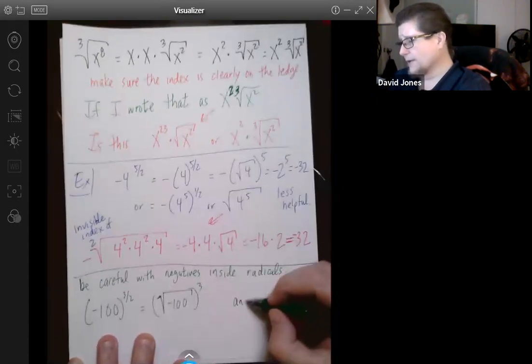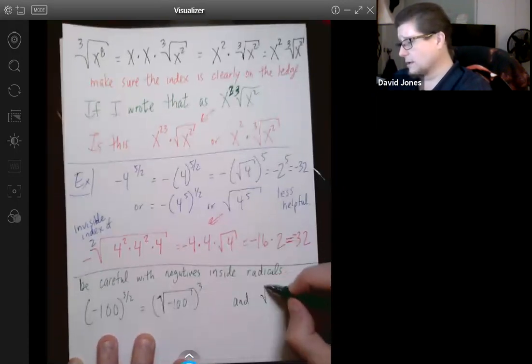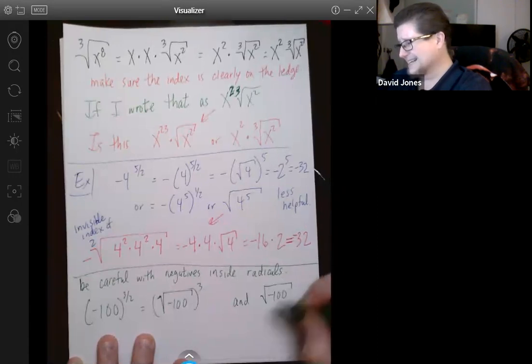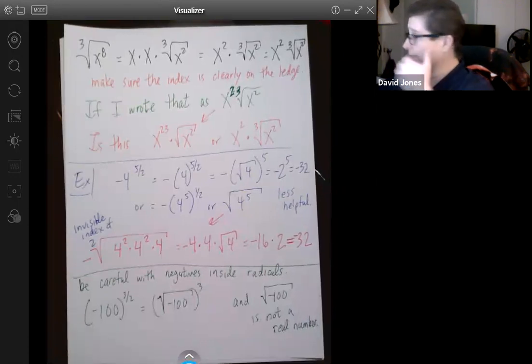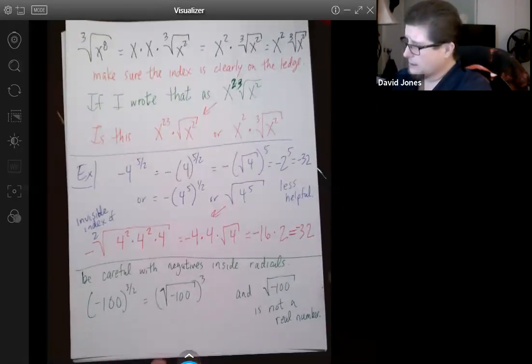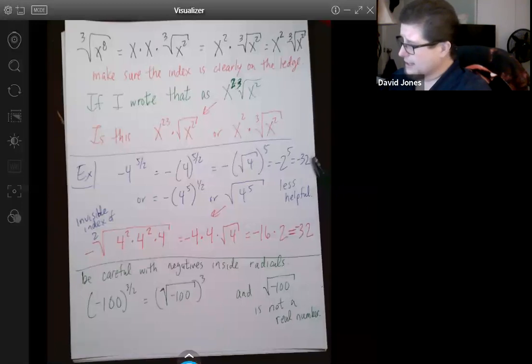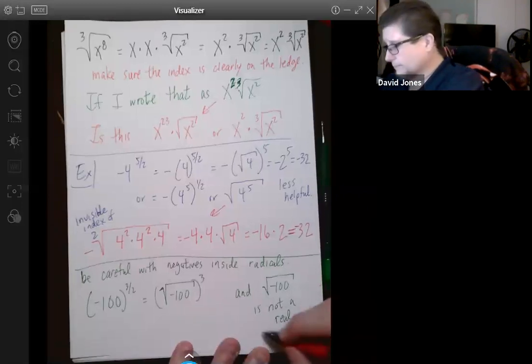And the square root of negative 100 is not a real number. It's actually an imaginary number. This ends up becoming a complex number.